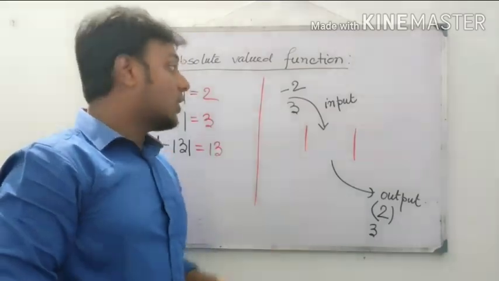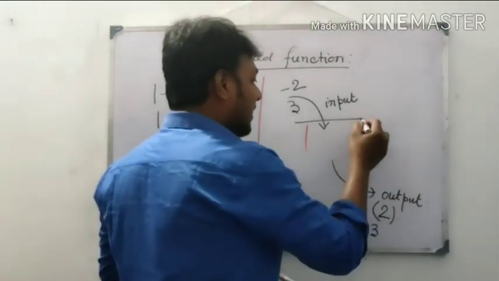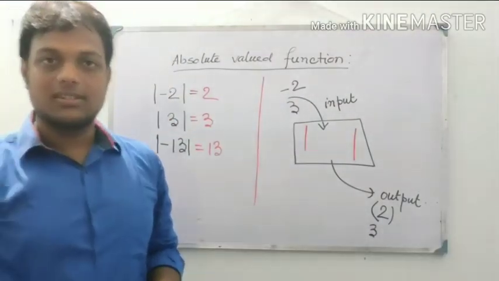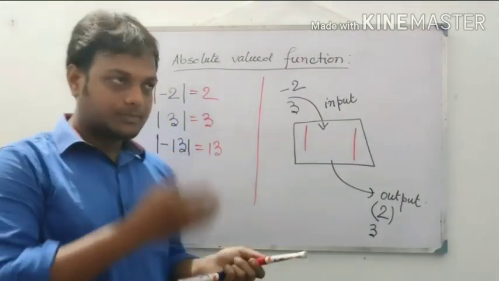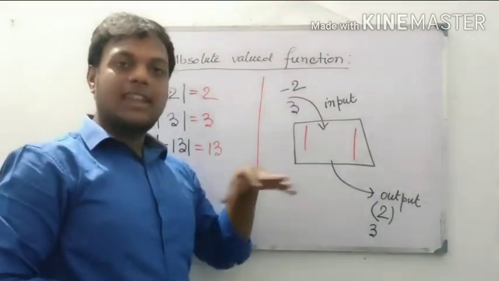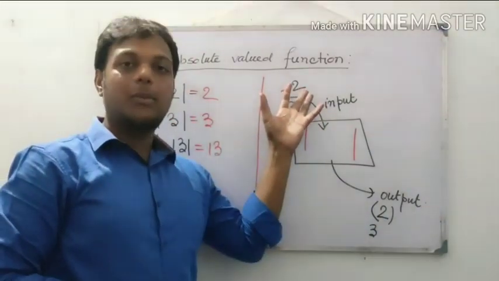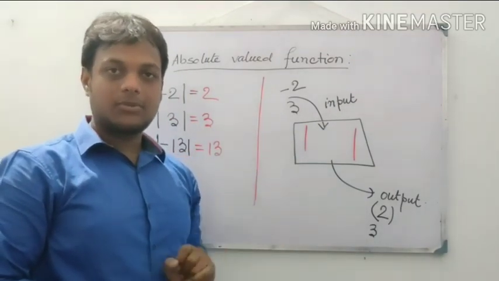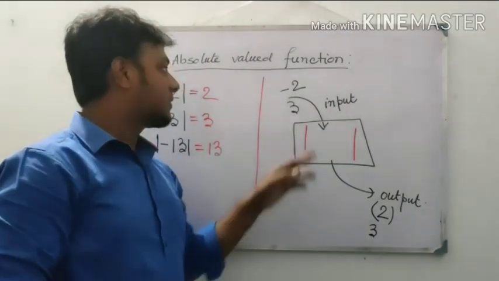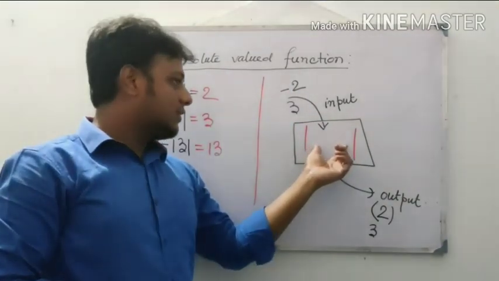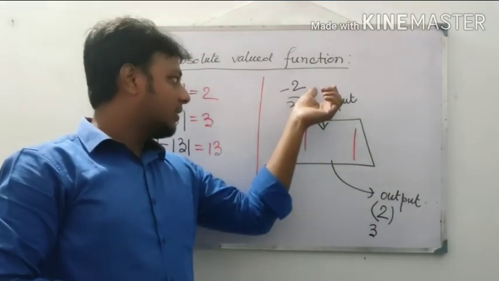Understood? So now my question is, what programming exactly happened in this machine? Is there any process to convert a negative number to a positive number? Yes, this is the process. Suppose this is the machine and it will take a number as input.